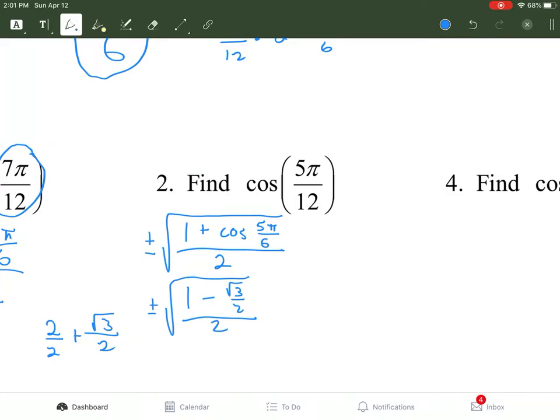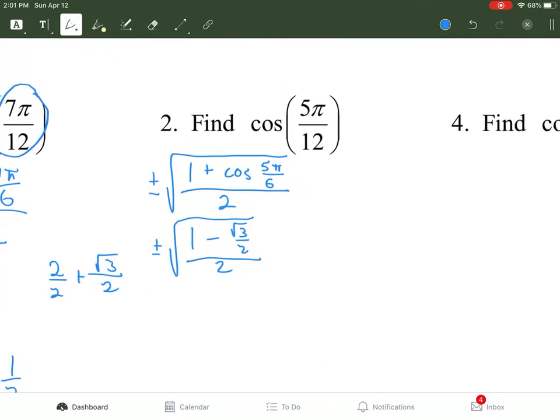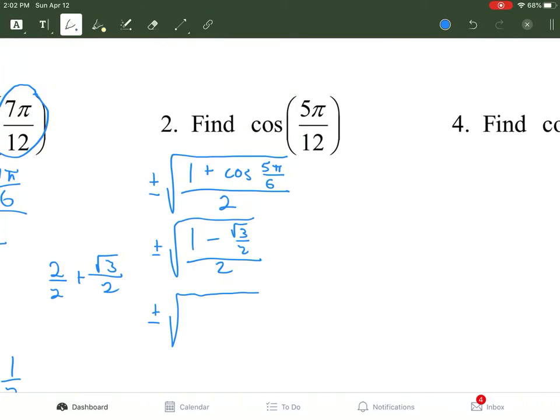Now, like before, we have to combine this fraction on the top. Okay, if you saw the way we did it before, the common denominator is going to be 2, so this 1 that we have is going to be 2 over 2. So I'm going to skip a step in a sense. I'm going to put 2 minus root 3 over 2, all divided by 2. All right.